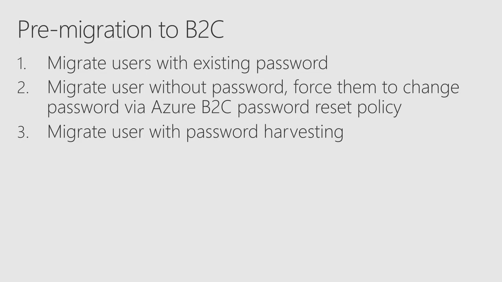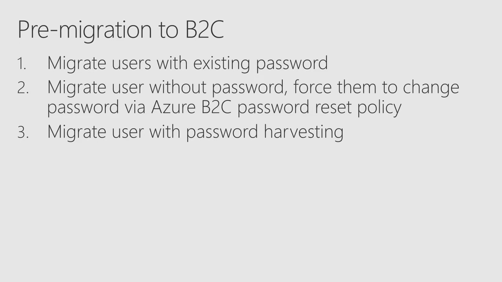And when the user clicks on change my password, again in the old identity provider, we write the information to two repositories. First, to the old identity provider, we update the password. And second, we create a new user account in Azure Active Directory B2C with the password provided by the end user.